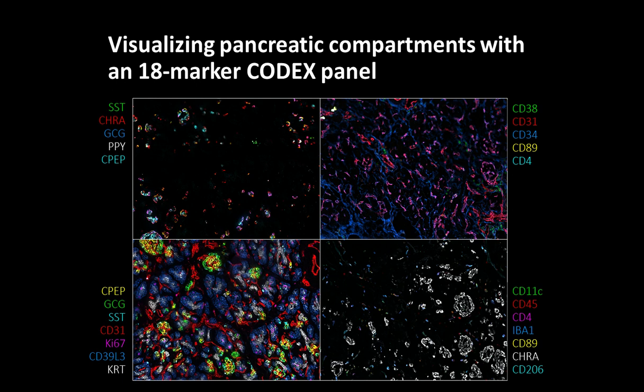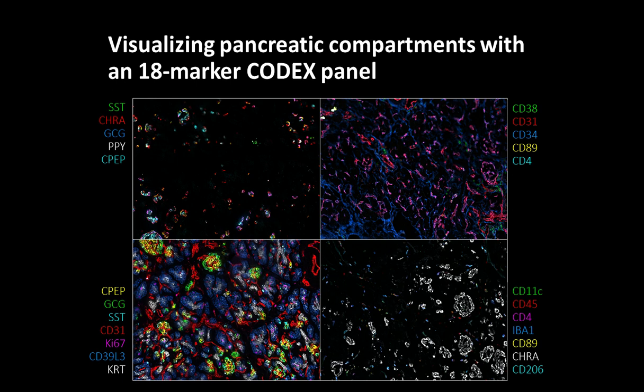And I wanted to give you a sense also of the range of antibodies. So this is all the same image, the same experiment, but just kind of broken down into different markers visualized. So the top left-hand corner shows the individual types of endocrine cells that we're able to look at depending on which antibody combination.